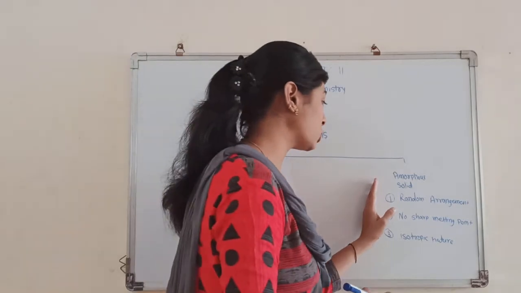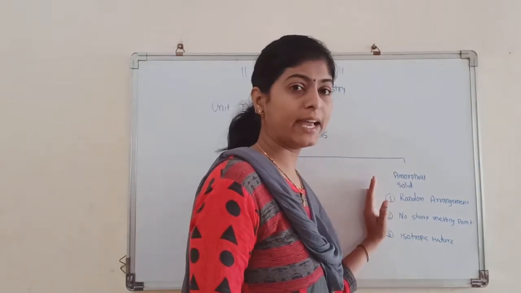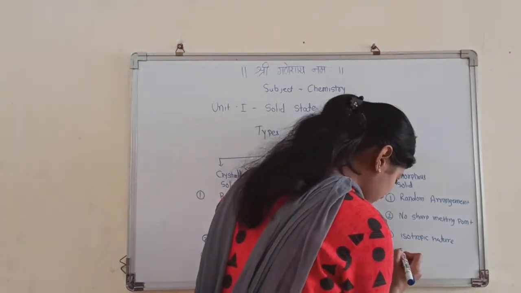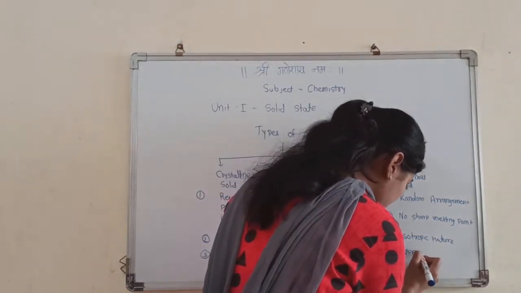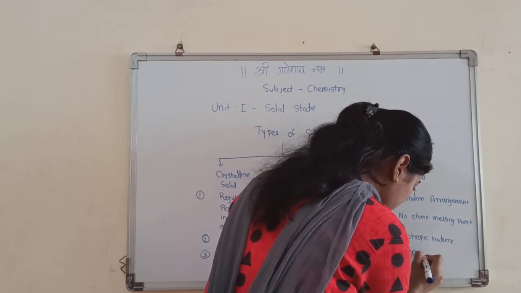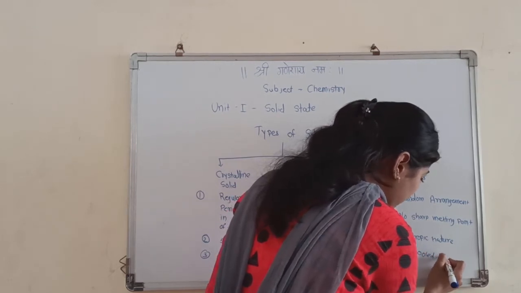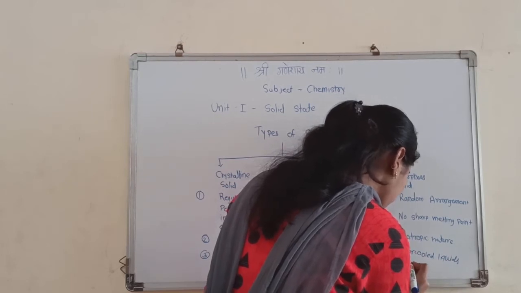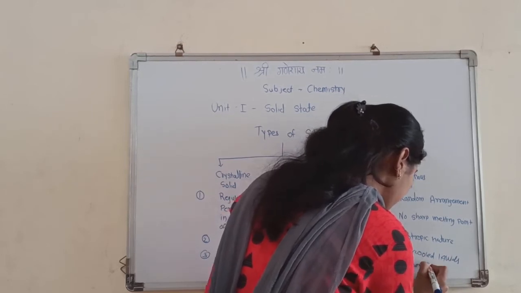Whereas amorphous solids are also called supercooled solids or supercooled liquids, including rubber and plastic.